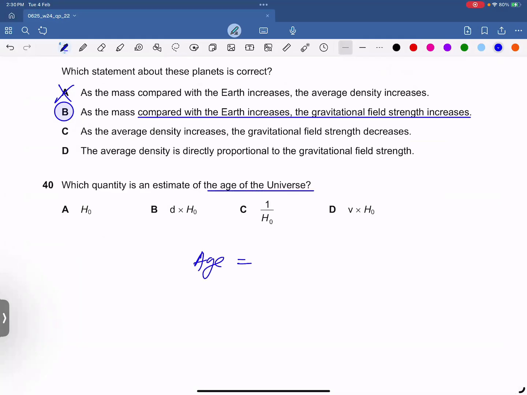One equation is 1 over Hubble's constant. The other, from Hubble's constant formula v = H naught d, is d over v. These are the two equations for the age of the universe. So you have the option C.